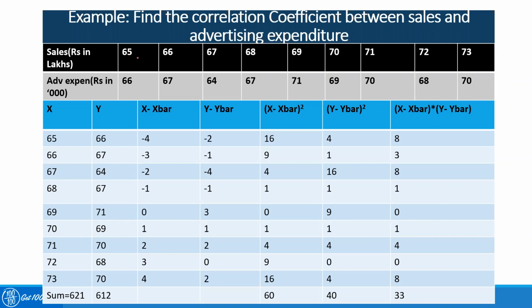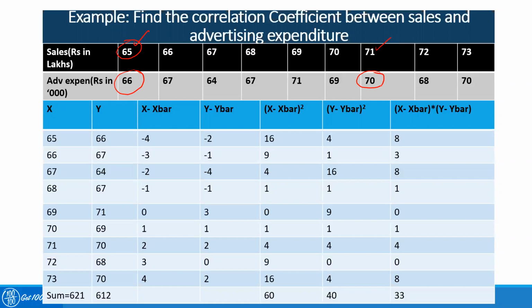So the values are given: 65 lakh of sales revenue is obtained when there is an advertising expenditure of 66,000. Similarly, 71 lakhs is the revenue when we spend 70,000 as advertising expenditure.